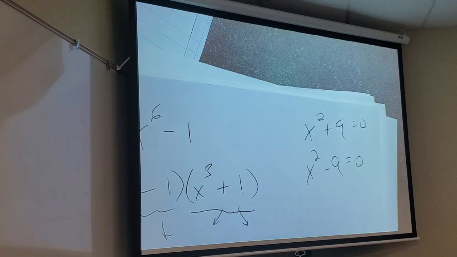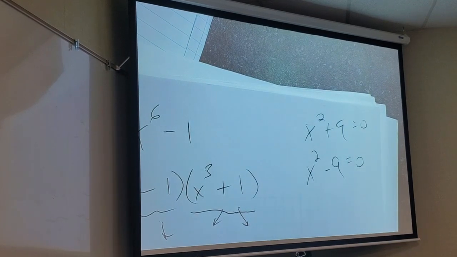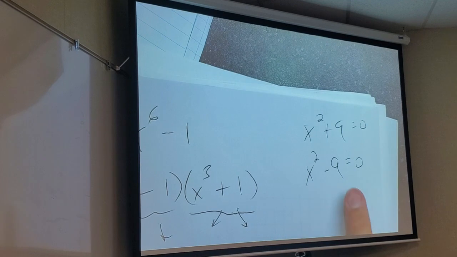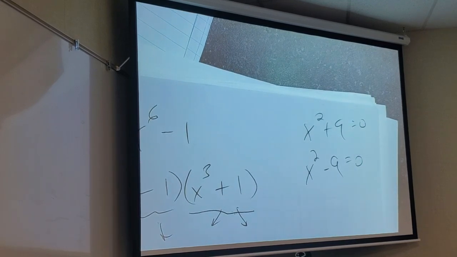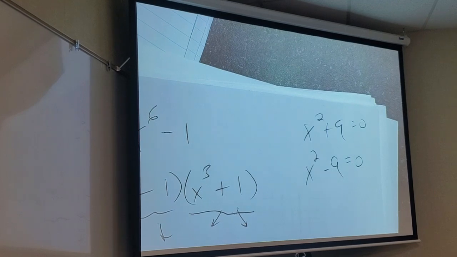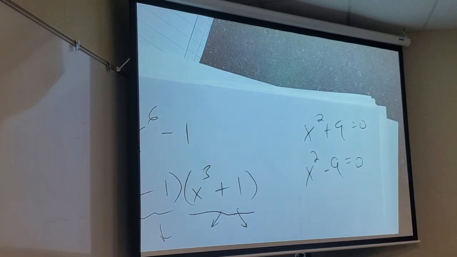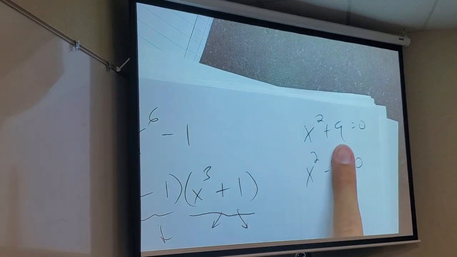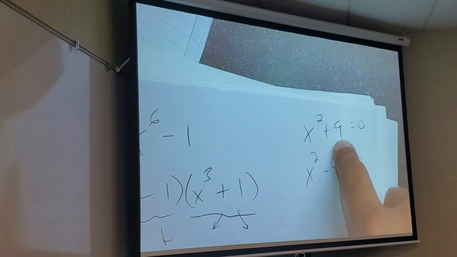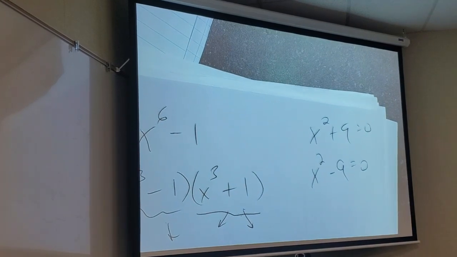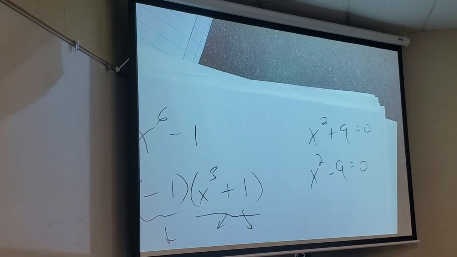And if both signs are different, they're going to make a negative. Does that make sense? The only way I can have a middle term cancel is if the last terms have different signs. And if I multiply two things with different signs, they come out to be negative, unless they are imaginary, right? Yes?